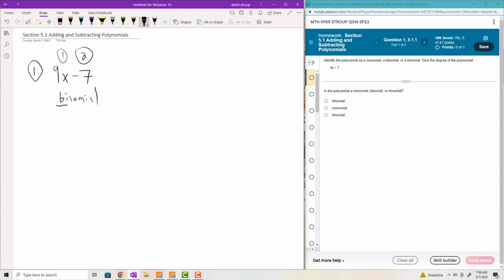For the degree of the polynomial, what you do is look at the variable, and then the degree is the exponent on the variable. So remember exponents. If we have something like 3 cubed, that's equal to 3 times 3 times 3. Let's make it more obvious: 3 to the 4th.